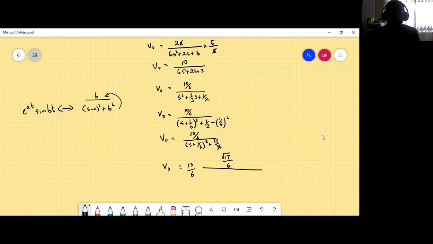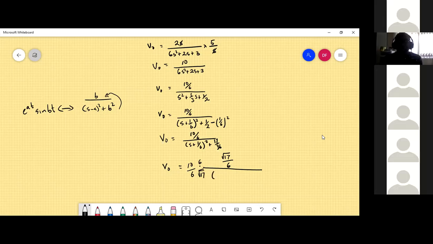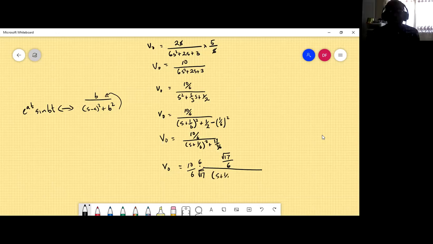The square root of 17 over 36 would be root 17 over 6. So to compensate for putting root 17 over 6 here, we'd have to put 6 over root 17 on the outside and put back our s plus 1/6 squared plus 17 over 36.